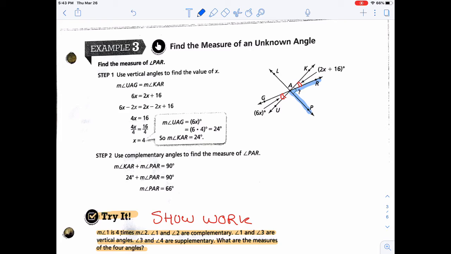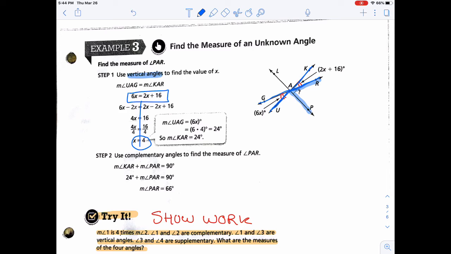So we can see that angle KAR and angle GAU, or UAG, are congruent or are equal. Again, those are vertical angles, so we do know that those are equal to each other. So that's what they did right here. They did 6x is equal to 2x plus 16. They went ahead and solved for x, and they did get x is equal to 4.